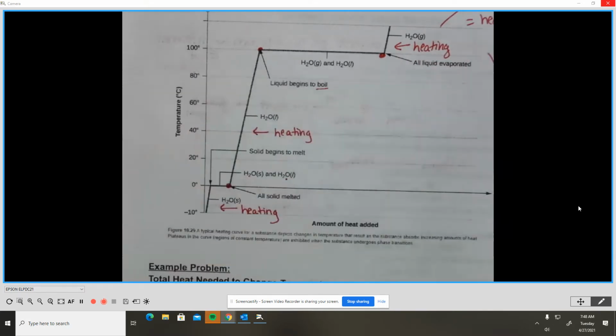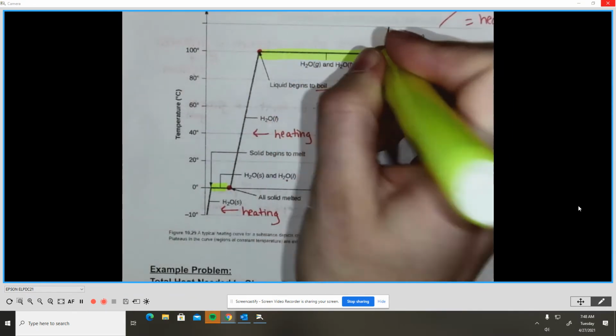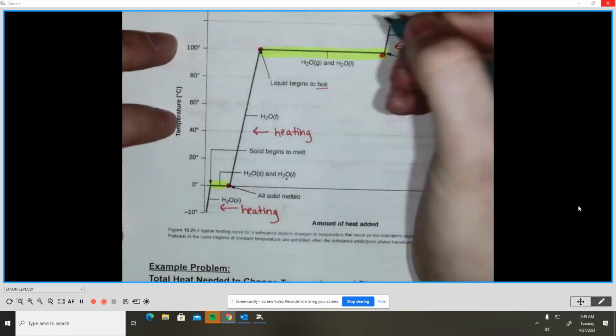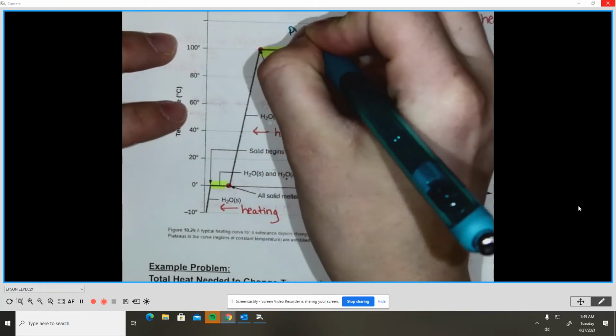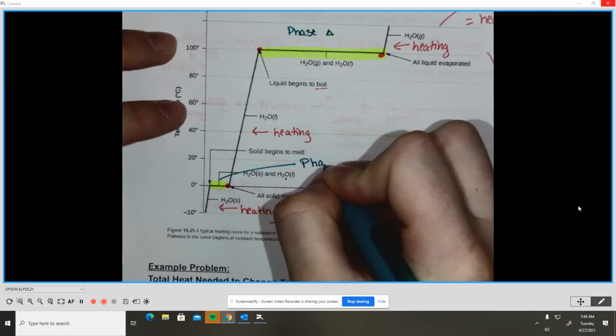So these areas that I'm going to highlight in yellow are going to be our phase changes. So we have two phase changes in this instance. I'm going to write that in like a green color. So we've got phase change and phase change.